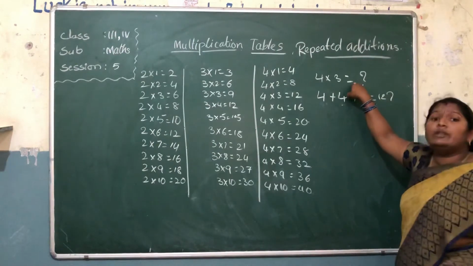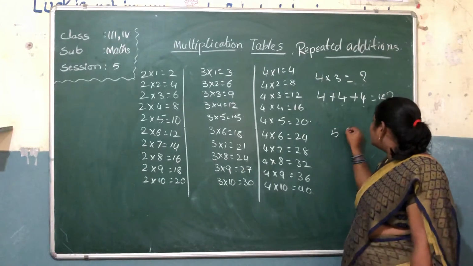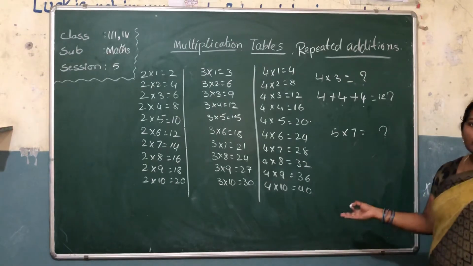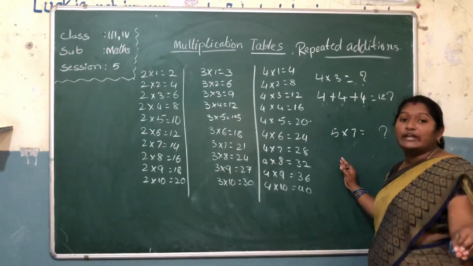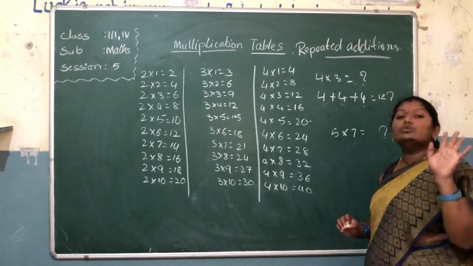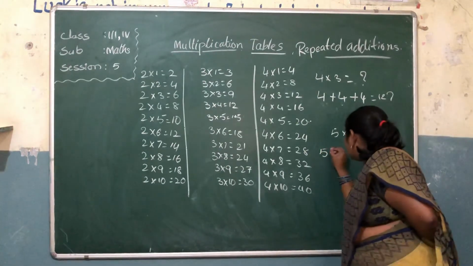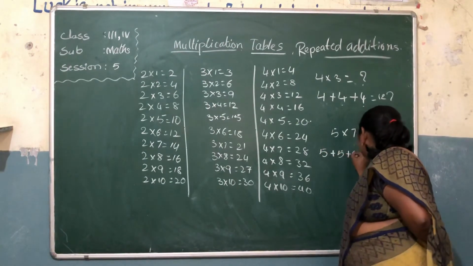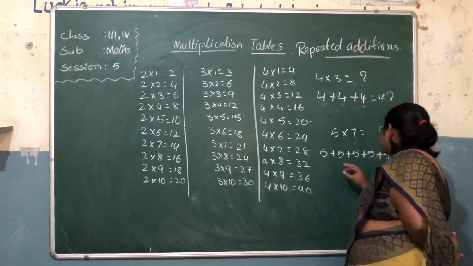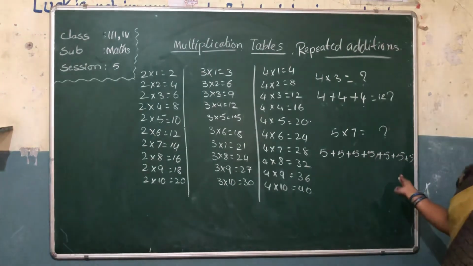If you forgot the answer in any table, suppose 5 into 7 equals what? You forgot that. Again, you have to add the 5 seven times. How many times? 7 times. See here: 5 plus 5 plus 5 plus 5 plus 5 plus 5 plus 5. Now we add as usual.